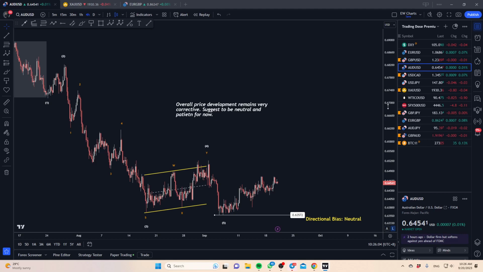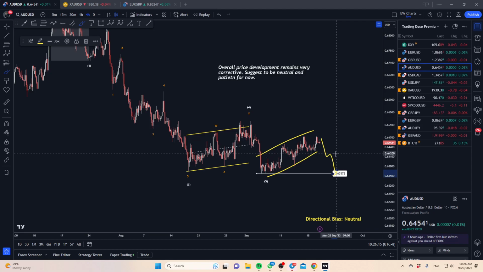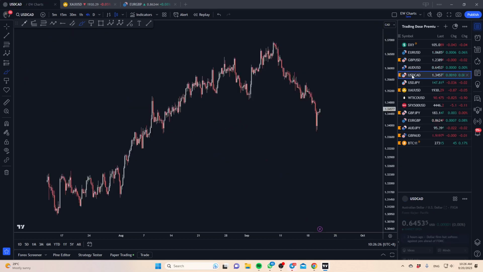And of course, if you take a look at the Aussie dollar chart right now, this is pretty corrective in nature. So this suggests that there may be some downside opportunity left. And for that reason, Aussie may be weakening and pound Aussie itself may be a better option between the two. Okay, so that's something to note as well.